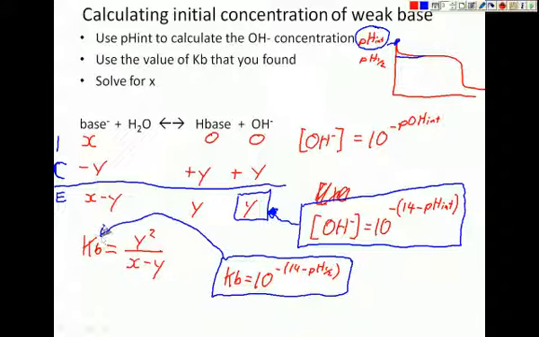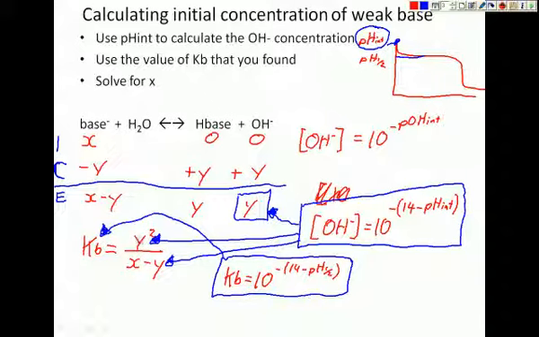So we can calculate Kb, use it, and calculate Y. Then all we have is one variable, X, which is their question: calculate the initial concentration of the base. So you just solve for X, and then you're done. That's the answer.